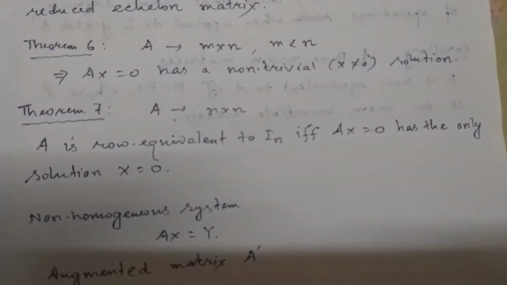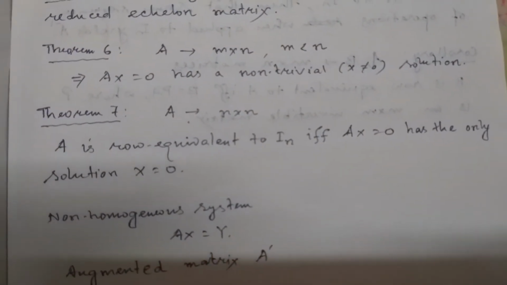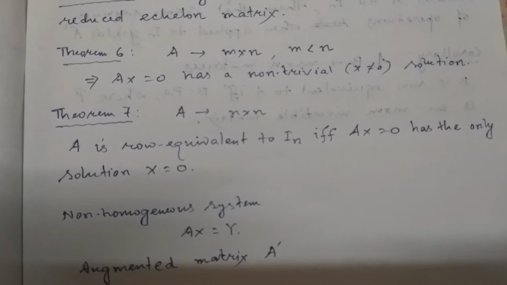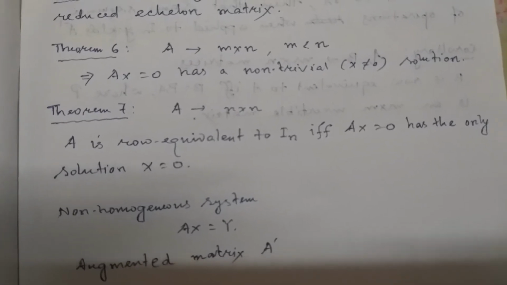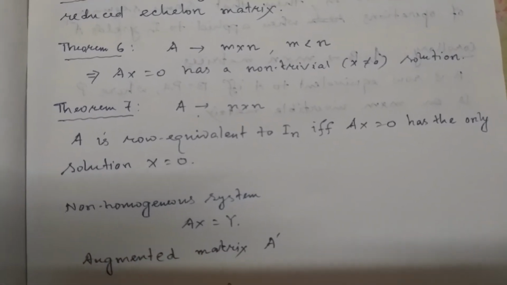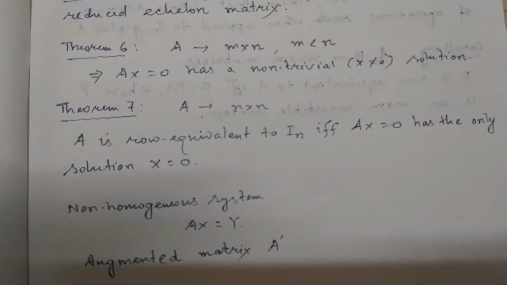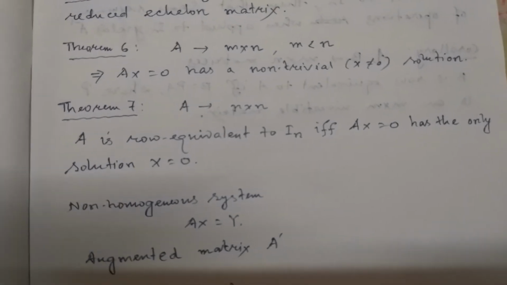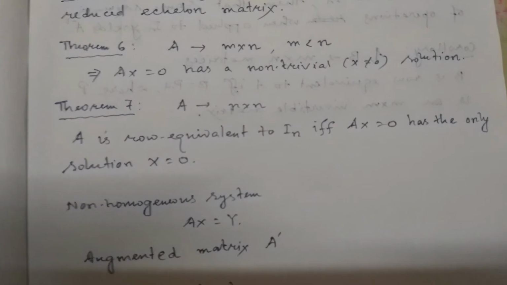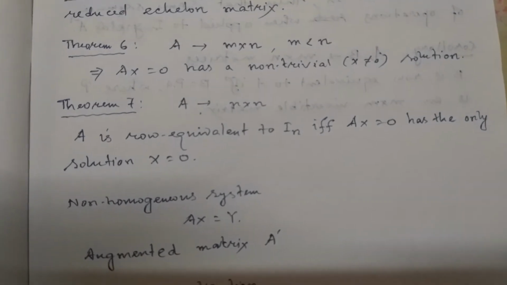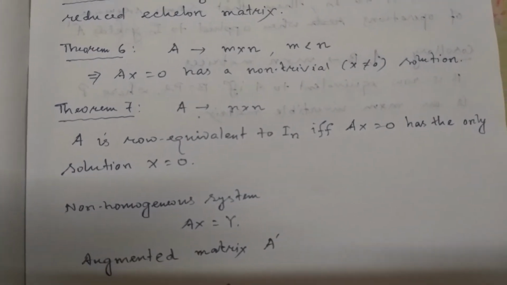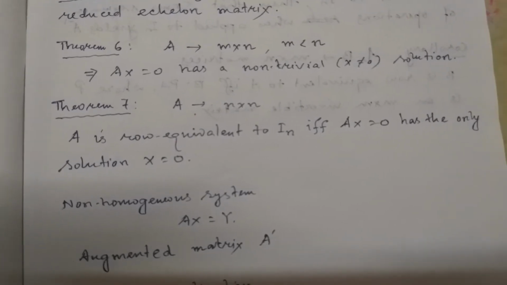Next theorem: let A be an m cross n matrix where m is less than n, that means the number of rows is less than the number of unknowns. Then the homogeneous system of equations Ax = 0 must have a non-trivial solution.